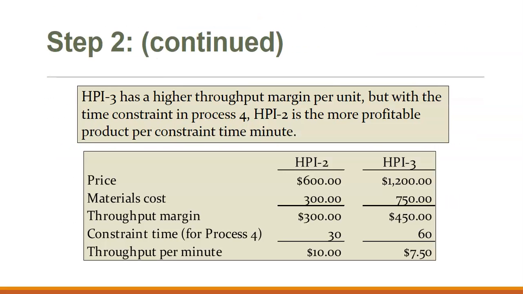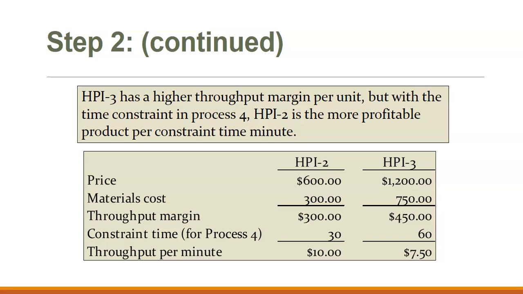So we look at this example. Our throughput margin, which is price minus materials, is $300 for the HP12 and $450 for the HP13. That is our throughput margin. Our constraint time is the time for process 4.